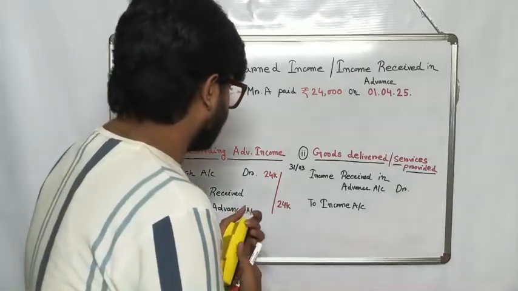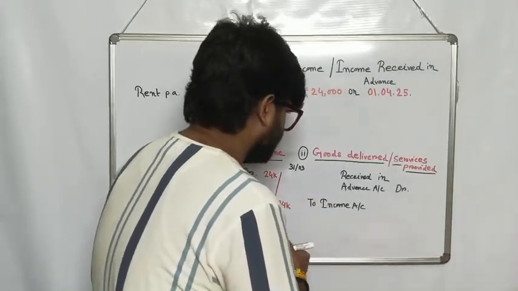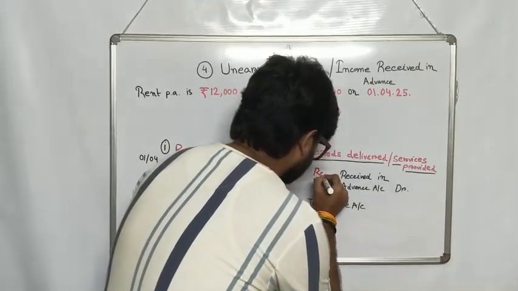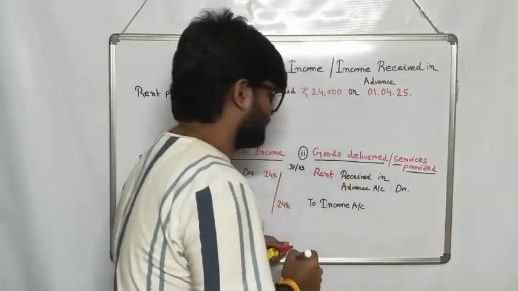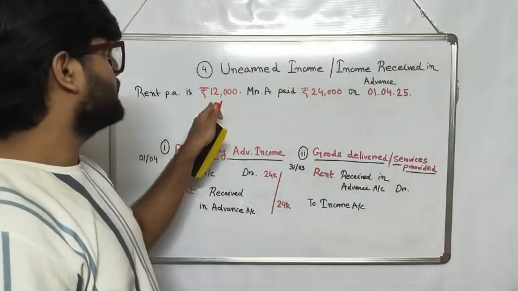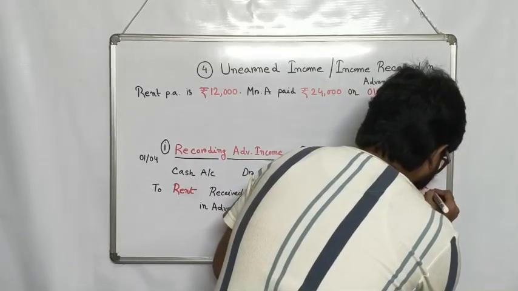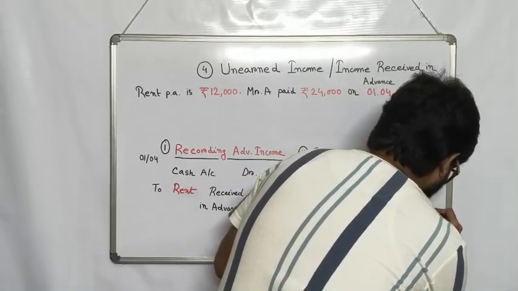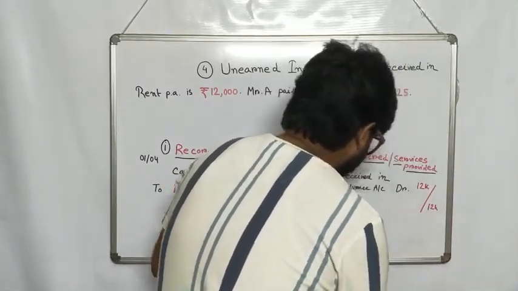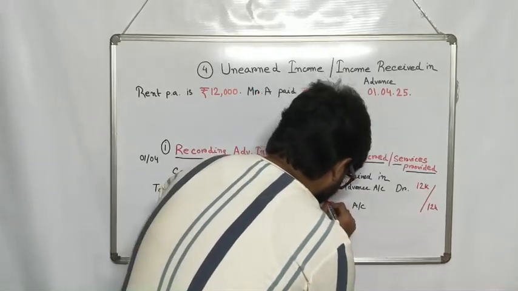So we will say that, not income, again, rent received in advance, the relevant amount of this year, that is rupees 12,000, will be shown from not income account but the rent account.